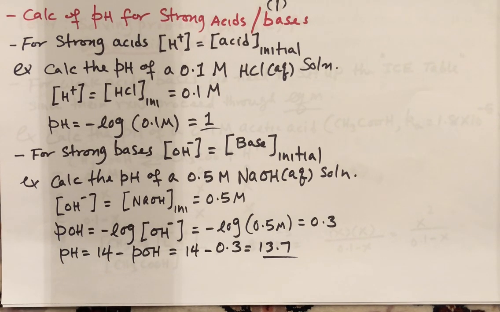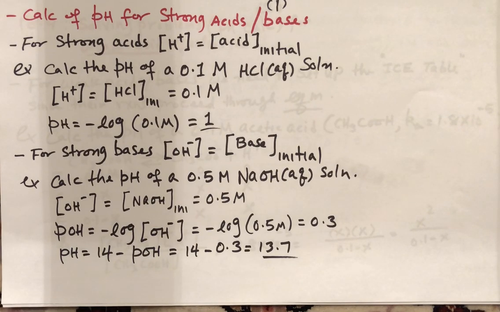So therefore, the concentration of H plus is 0.1 molar, the same as HCl. And therefore, the pH is going to be the negative log of 0.1, which is the concentration of H plus, and you can just use your calculator: negative log of 0.1 is just 1. And that makes sense because the pH of an acid is supposed to be less than 7.